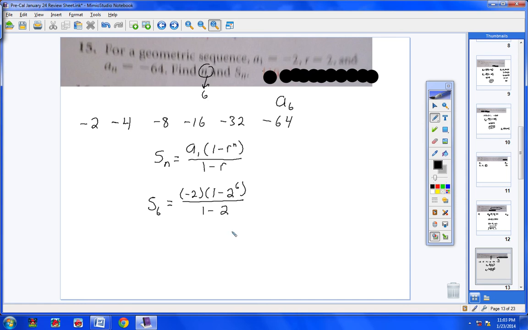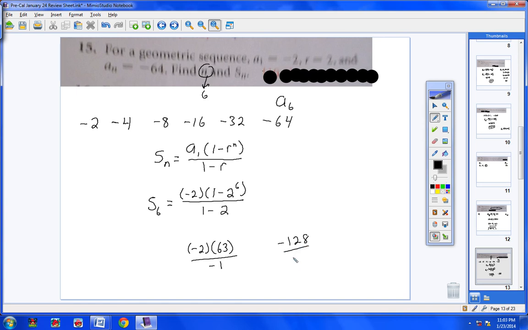All right. Now, we can do a lot of this in our head. We would have negative 2 in the numerator, and then we know 2 to the 6th power is 64, so 1 minus 64 would be 63, and then 1 minus 2 is negative 1. Negative 2 times 63 would be negative 126.